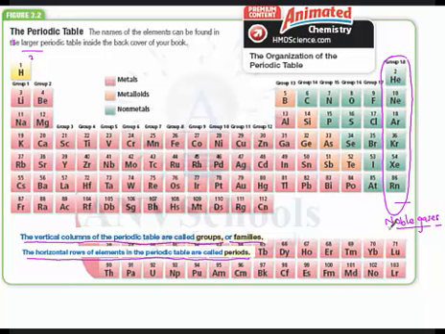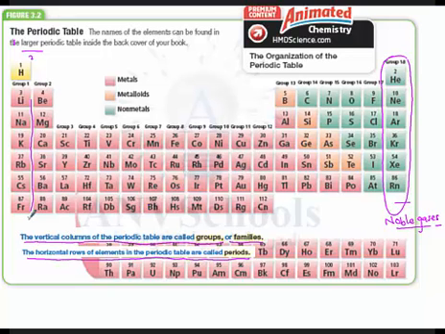If we look at elements in group 1, they are metals, and they are very reactive because they only have 1 electron in their outermost energy shell.